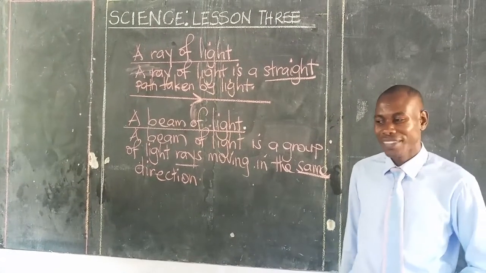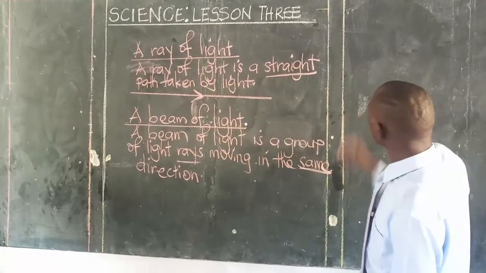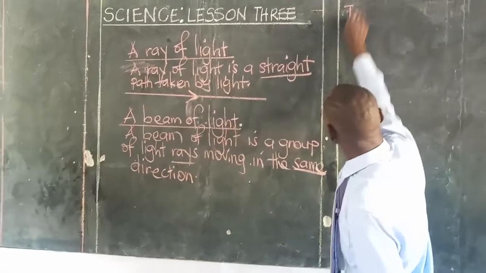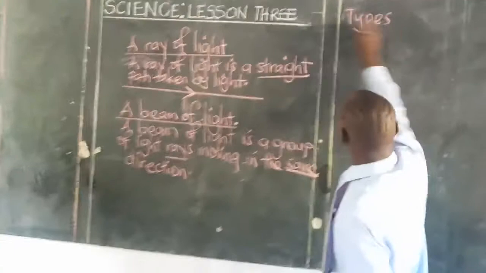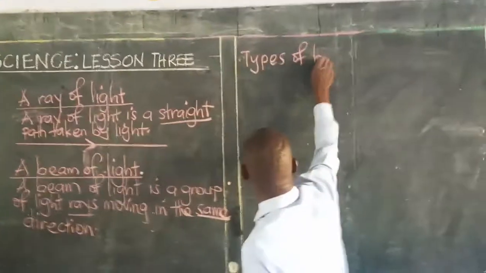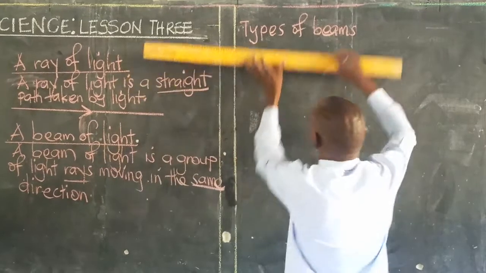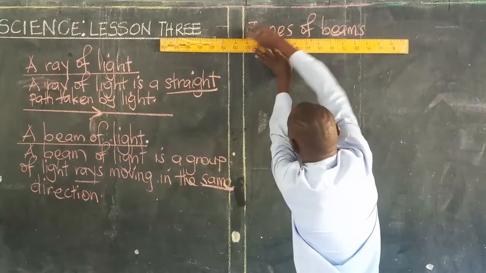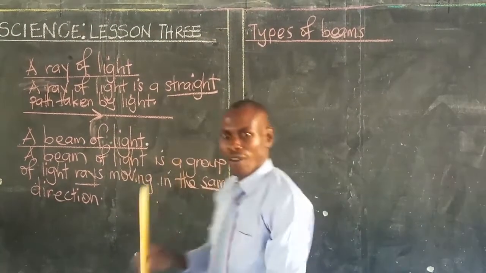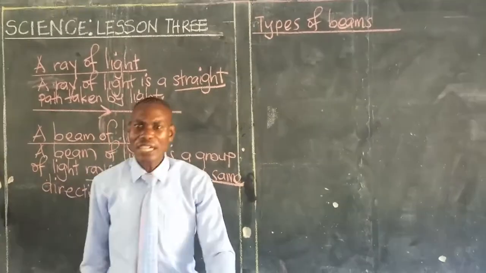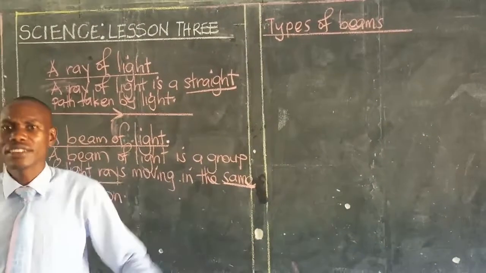The first type of beam, we are saying types of beams. And I've said that we have got three types of beams.